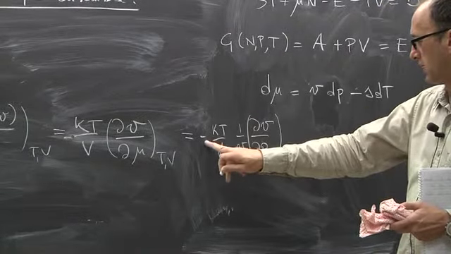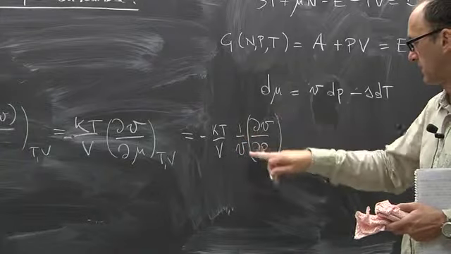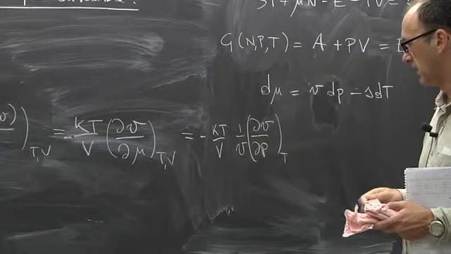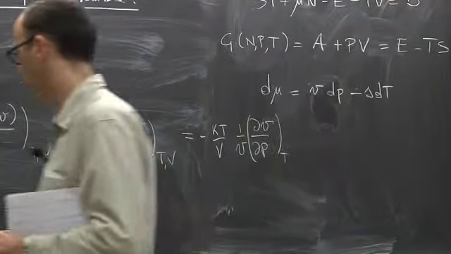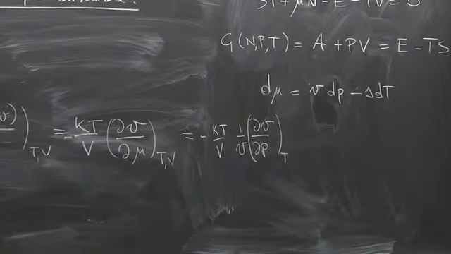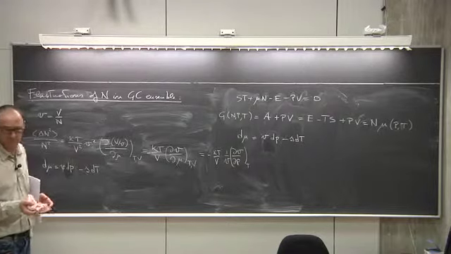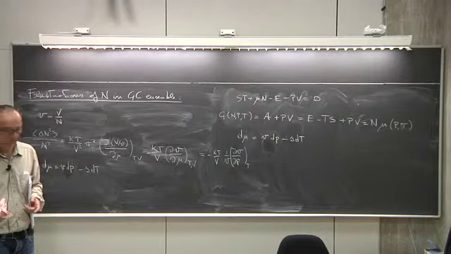Okay, so now minus 1 over V times this derivative is what is called the isothermal compressibility coefficient.